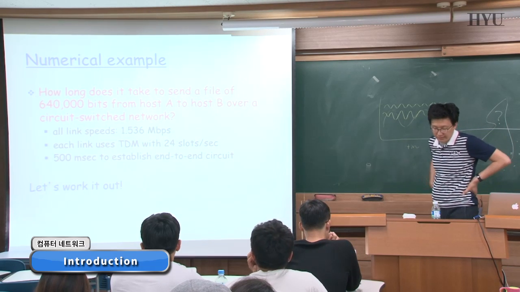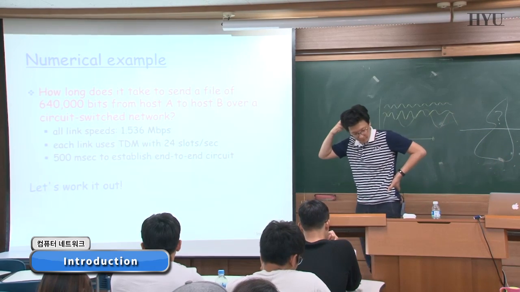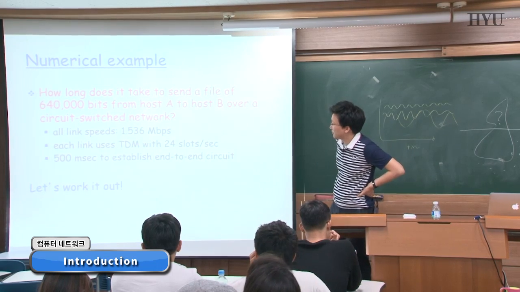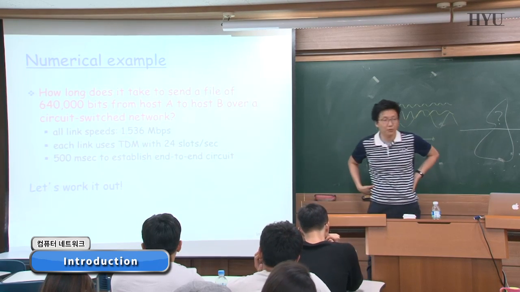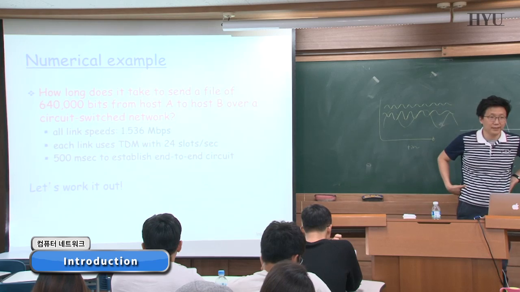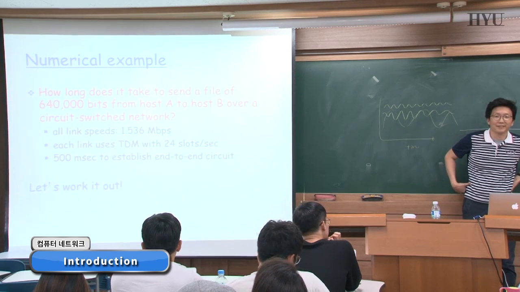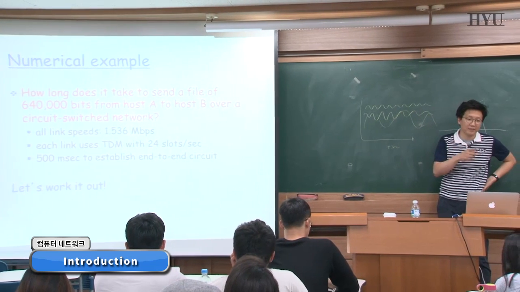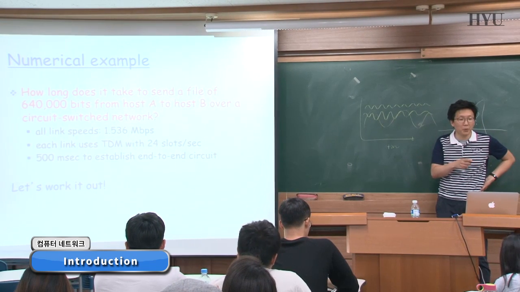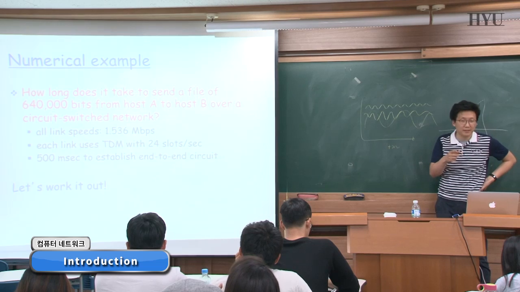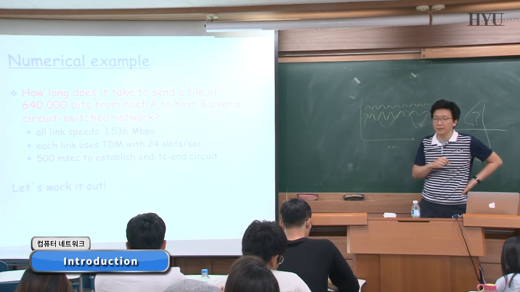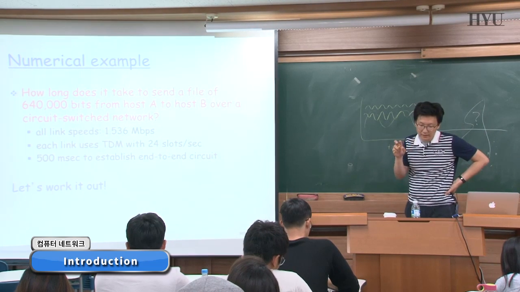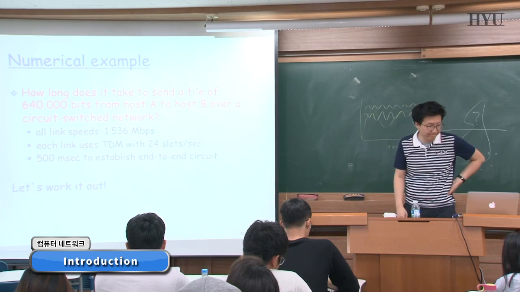How do you calculate this? I don't know. It says 24 slots per second, and in a single second they can send 1.536 megabits per second. And I can use a single slot to send to somewhere else.